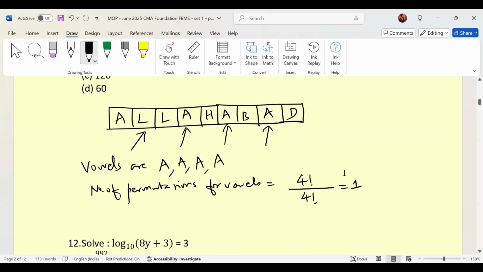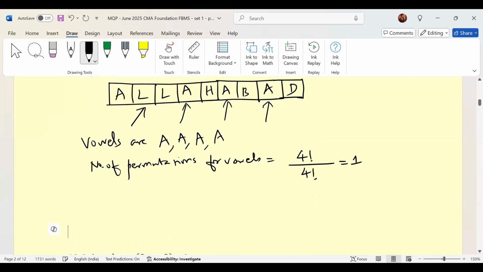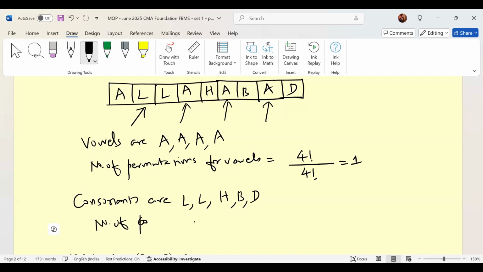And then the consonants are L, L, H, B, and D. So, the number of permutations for consonants will be, there are 5 letters, so 5 factorial, and L is occurring 2 times, so 2 factorial.